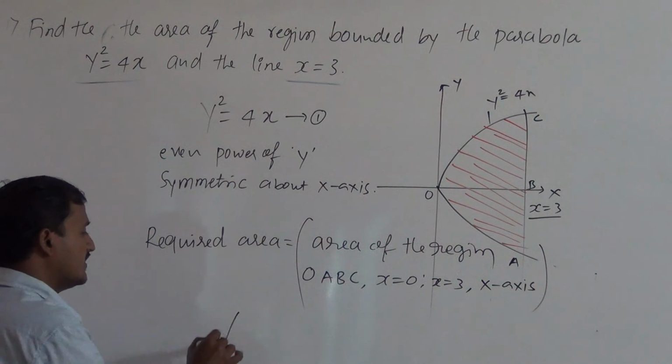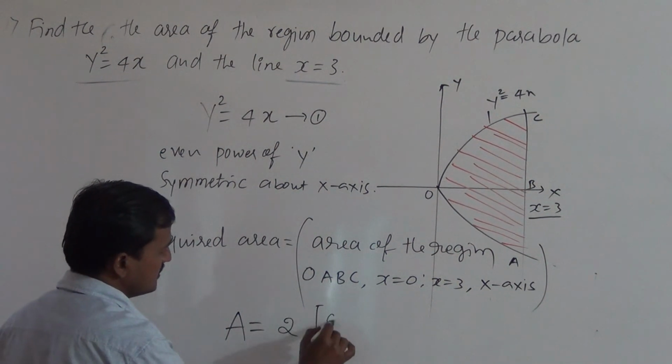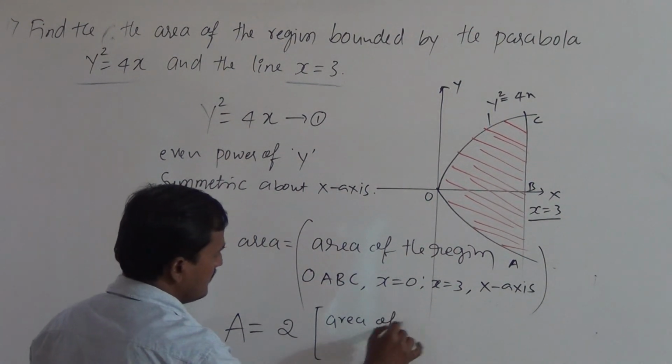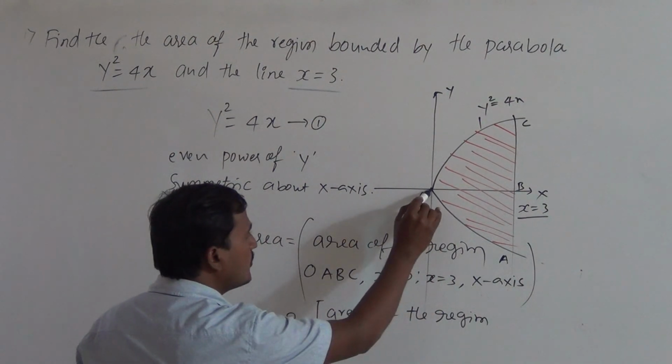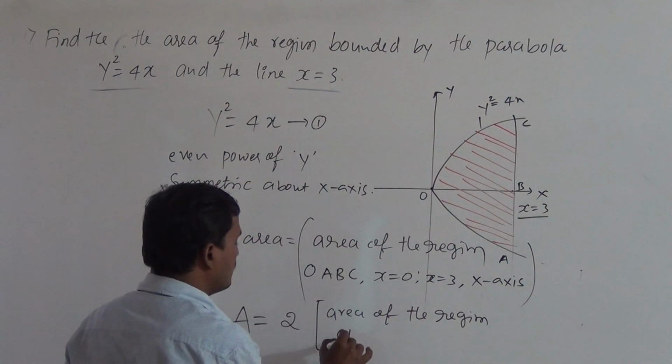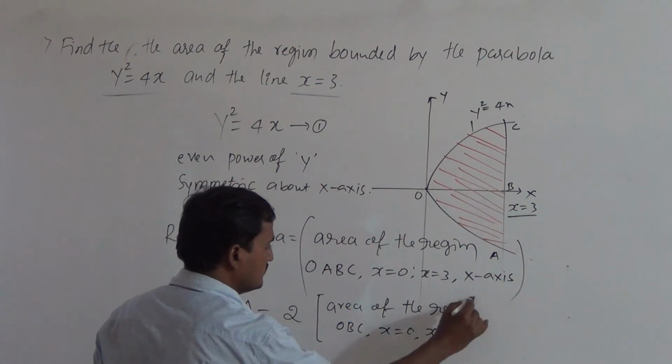So this area I will write also like this, 2 times the area of the region OBC with the line x equal to 0 and x equal to 3, right?